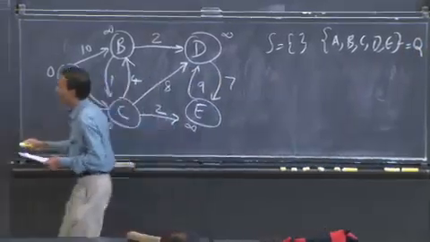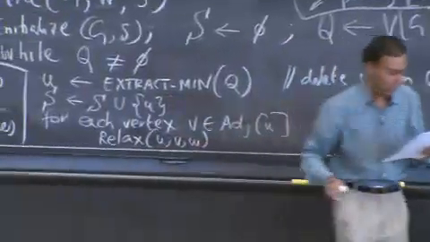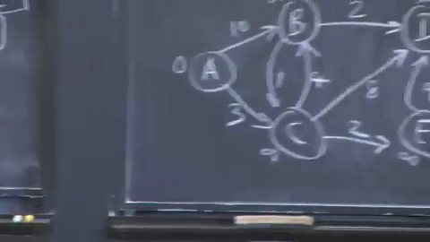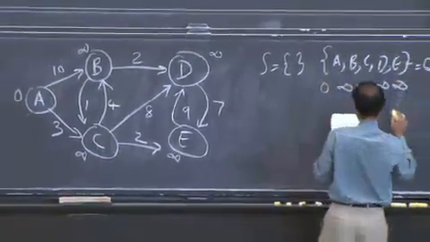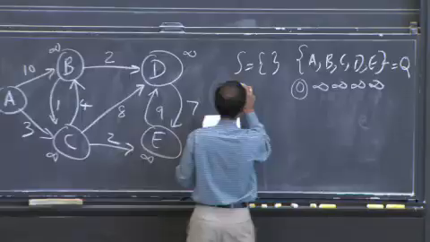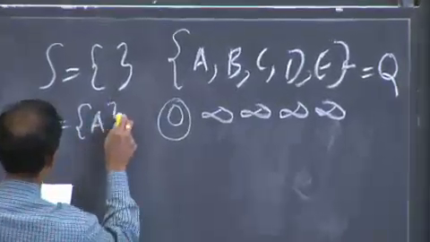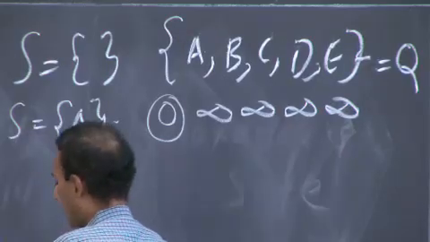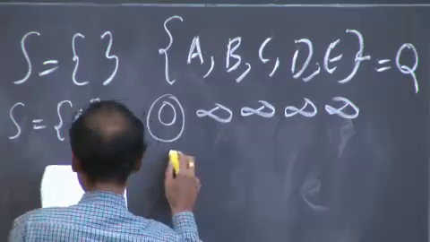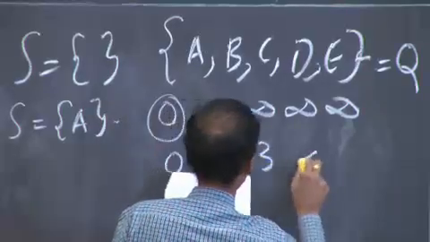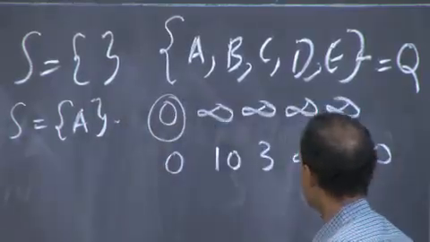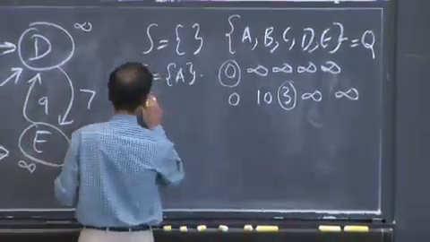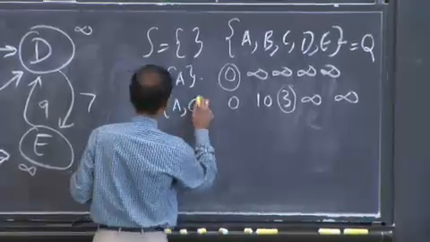Extract min is going to select A. That's the only one that is a 0, because you've got 0, infinity, infinity, infinity, infinity. You select that and set S to be A. Once you set S to be A, you relax the edges coming out of A, and there are 2 of them. So you end up with 0, 10, 3, infinity, infinity. The next extract min is going to select 3, and you set S to be A, comma, C.